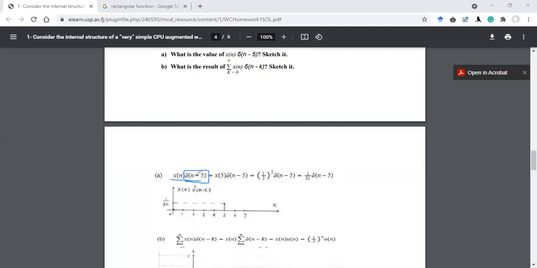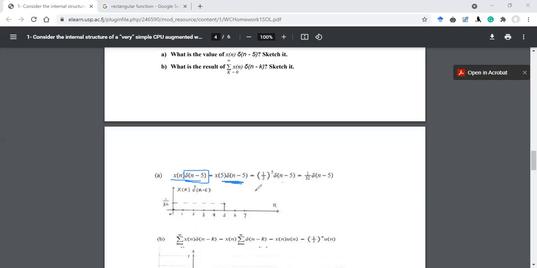So in order to get 0 over here, n has to be equal to how much? 5, isn't it? So we don't substitute any value over here. We just leave it as it is because we know there is only going to be a value at n is equal to 5. This delta of n minus 5 basically indicates that we are only going to have a value at n is equal to 5.